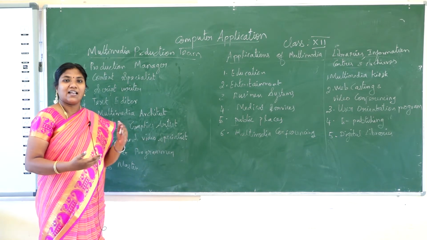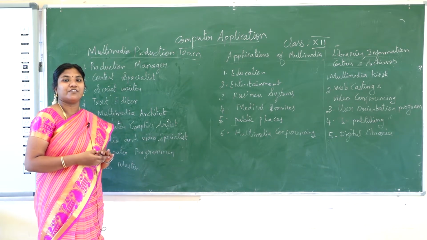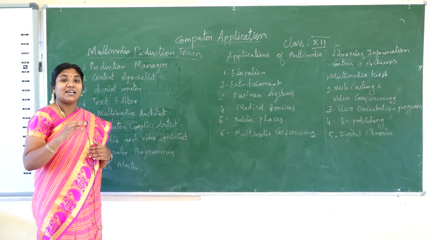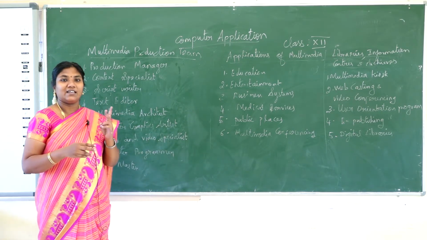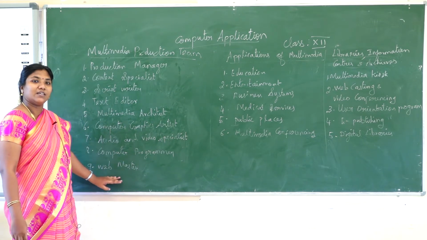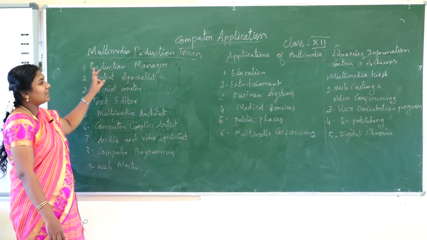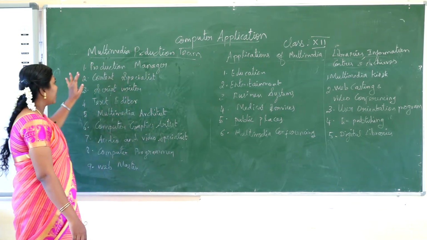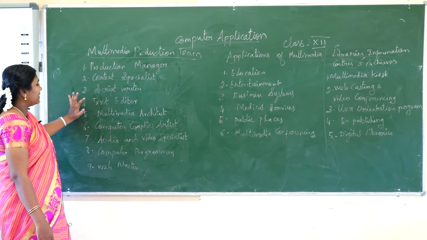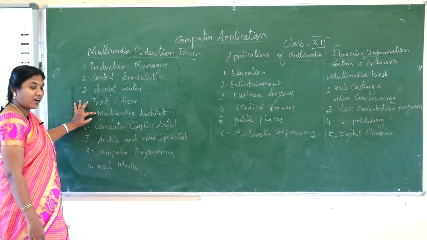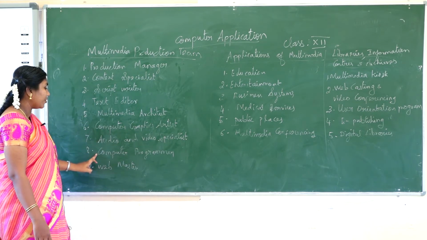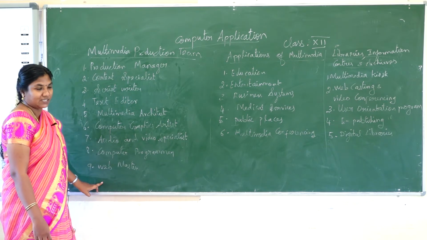As we saw in the last video, the last part is to give the entire project to the user, in the form of CDs, DVDs or through the internet. The webmaster posts it through the internet. So these are the multimedia production team: production manager, content specialist, script writer, text editor, multimedia architect, computer graphics artist, audio and video specialist, computer programmer and webmaster.